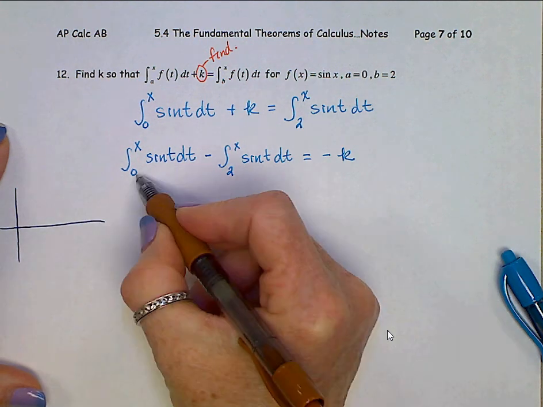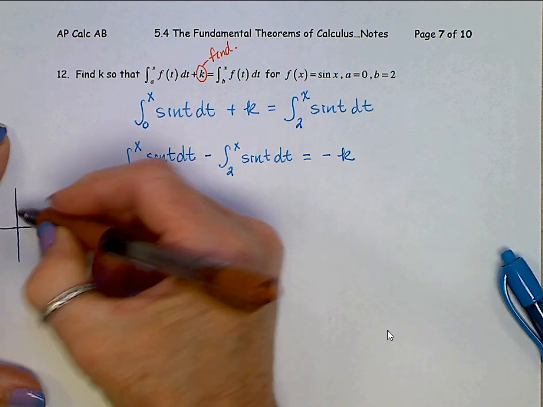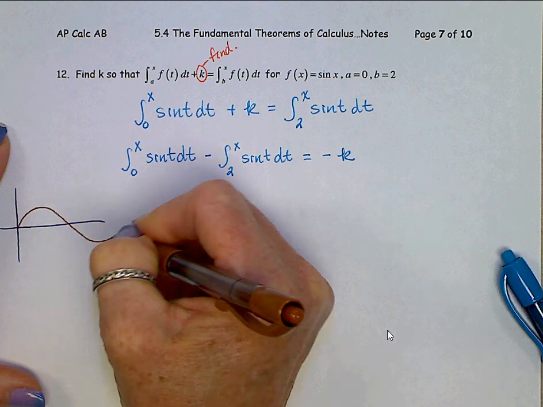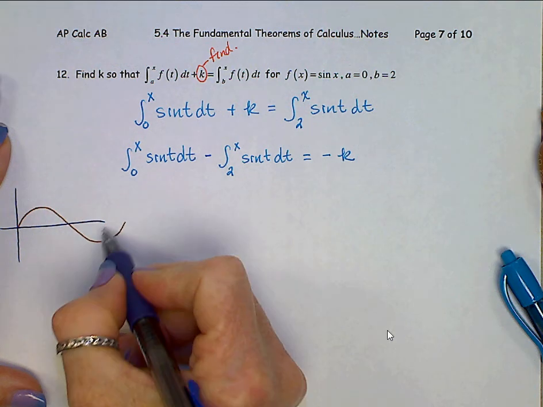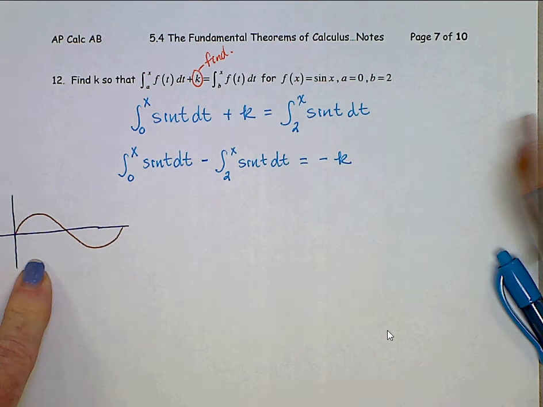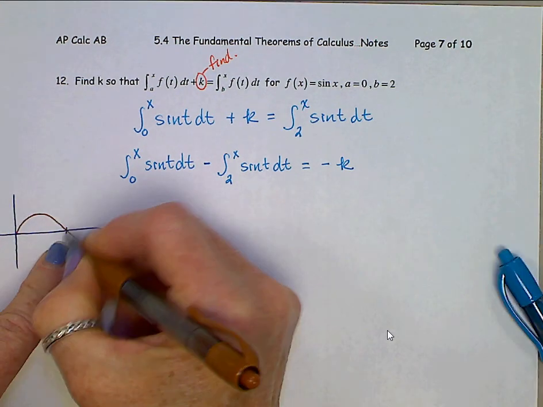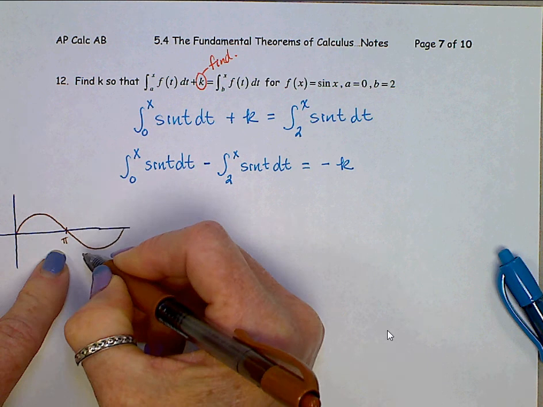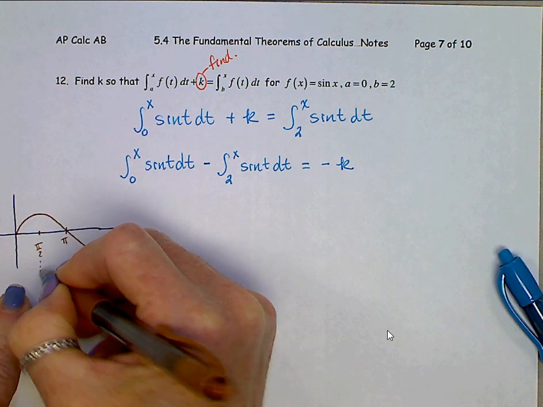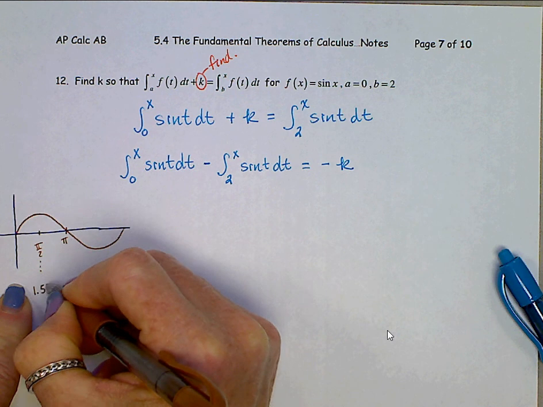Our curve is sine t. I'm just going to put the sine function up there. All right, and remembering a few values, this is pi, which is 3.14. Here was pi over 2, approximately 1.57.